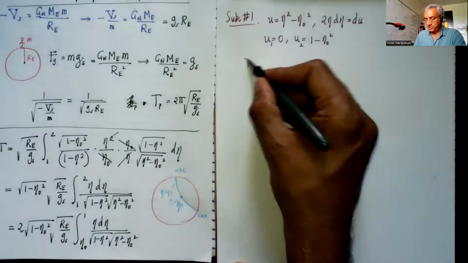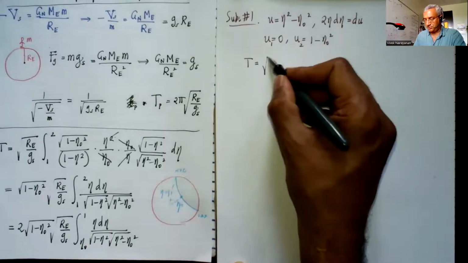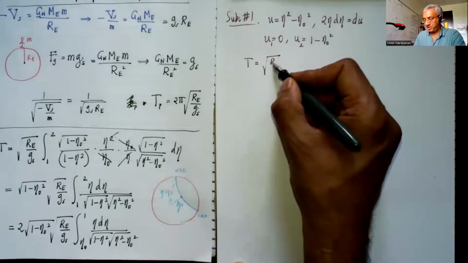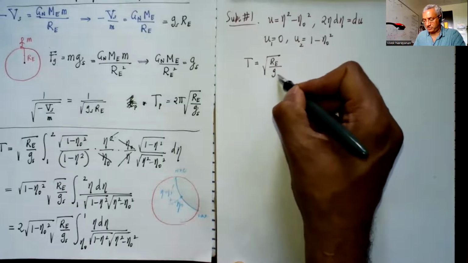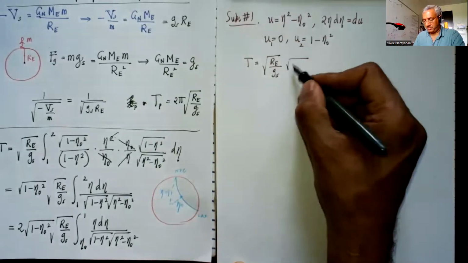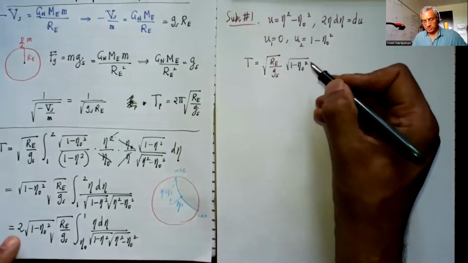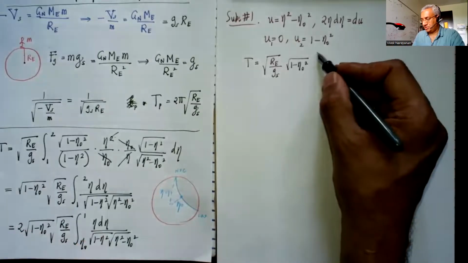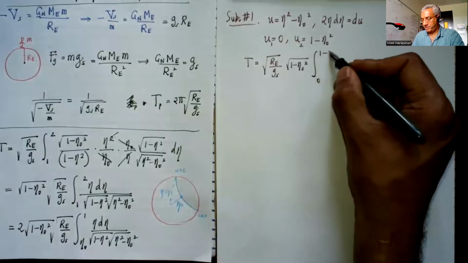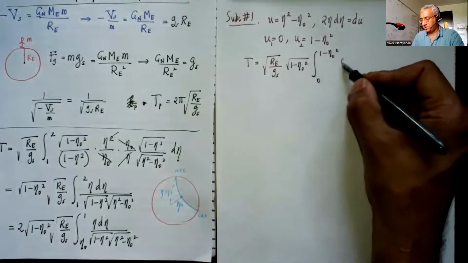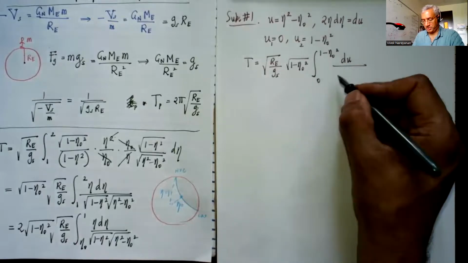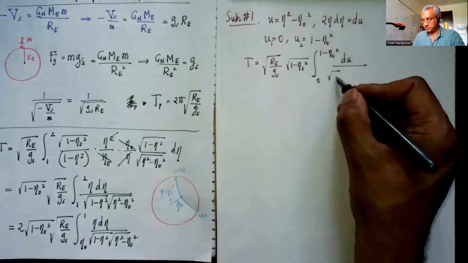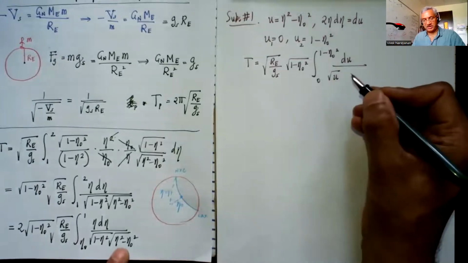So our time integral t under these conditions becomes square root of r sub e over g sub s, square root of 1 minus eta naught squared, since I've used up the 2 because 2 eta d eta is du. Integral from 0 to 1 minus eta naught squared du over root u, because that's root u.